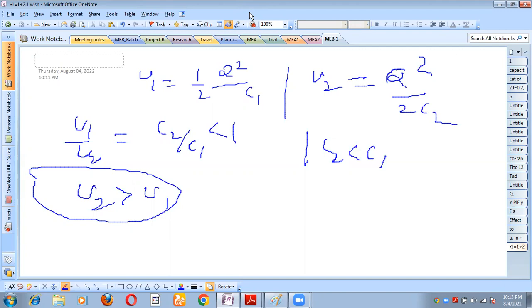Energy remains constant. Energy can neither be destroyed nor created. So here you can see there is a creation of energy, right? U2 is greater than U1, meaning we have created energy. How is it possible?